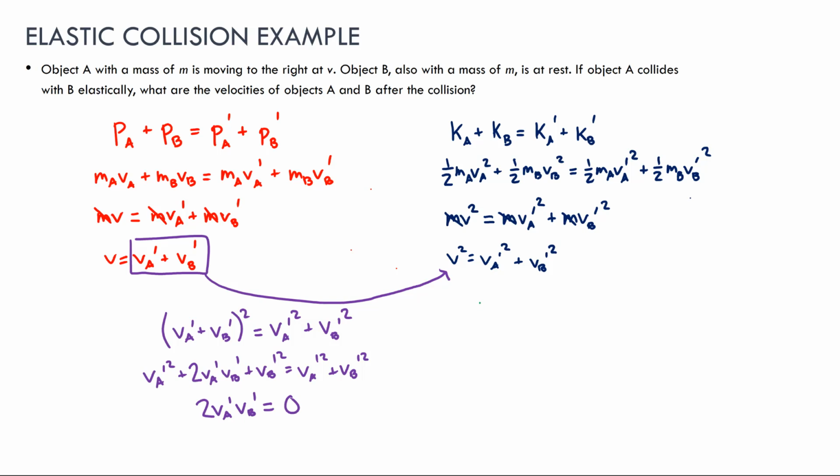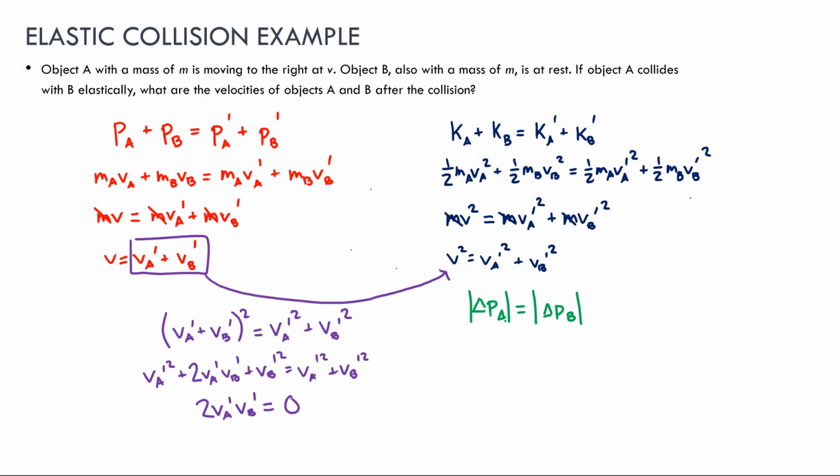Well, we know that the magnitude of the change in momentum of A has to equal the change in momentum of B. We know that A has an initial velocity of V, and B has an initial velocity of 0. We can't have object B continue to have a velocity of 0. Otherwise, the change in momentum of object B would be nothing. That means the change in momentum of object A would be nothing as well. And that just doesn't make sense.